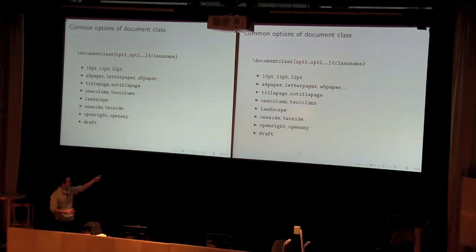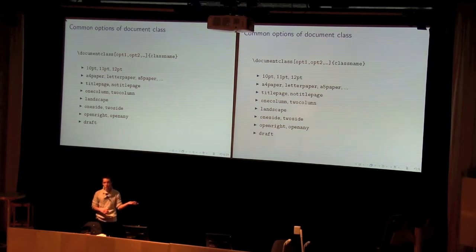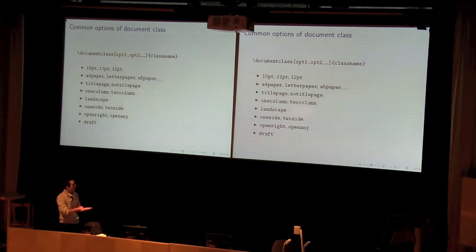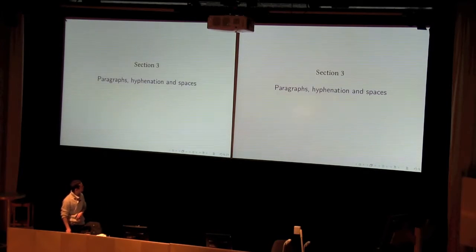This is why it is important, because if you say one side, there's only one side, so all pages are seen as odd pages, like the first one. This means a margin on the left, and you don't have something written on the back of the paper. And for two side, this is the contrary. Then we'll see later.